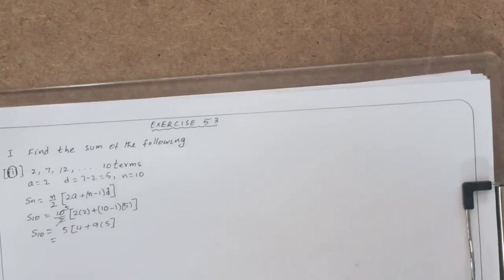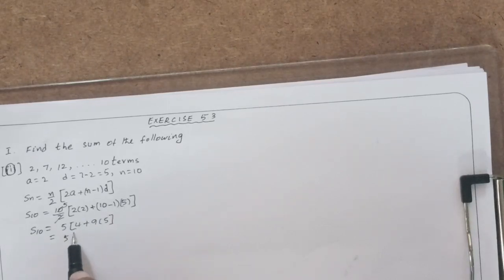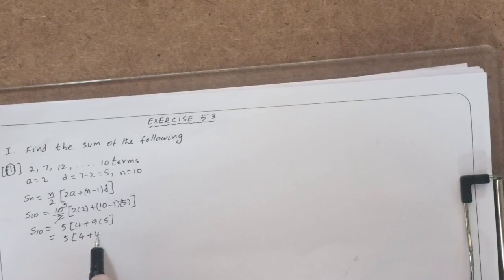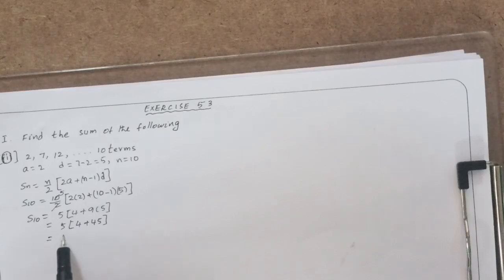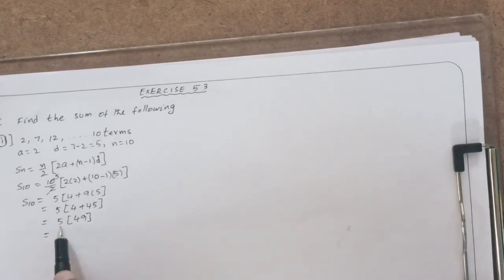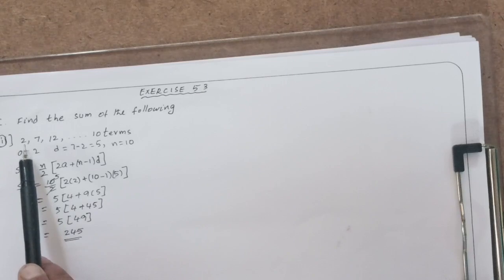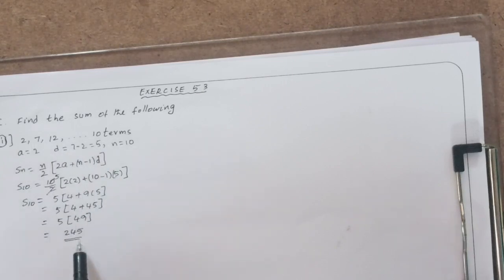That equals 5 into 4 plus 45, 49. That equals 5 49s. 5 49s means 5 40s are 200 plus 5 9s are 45, which is 245. This is the sum of the given progression of 10 terms: 245.